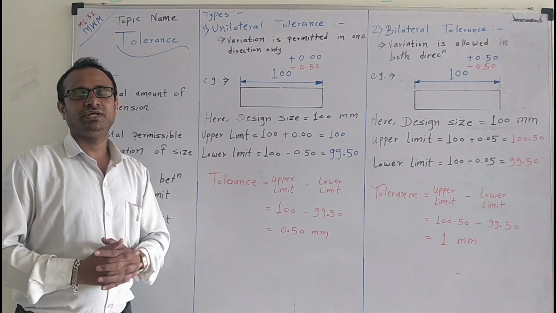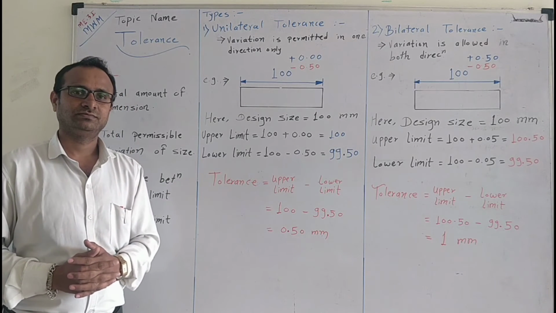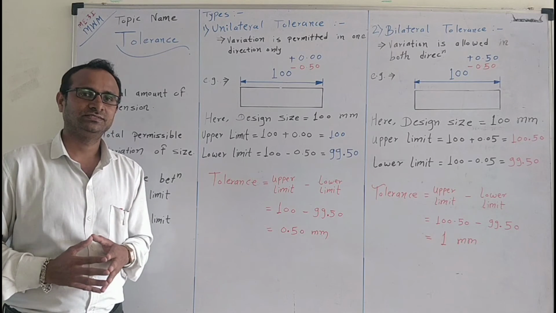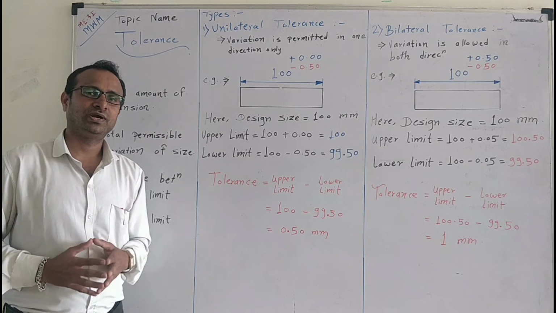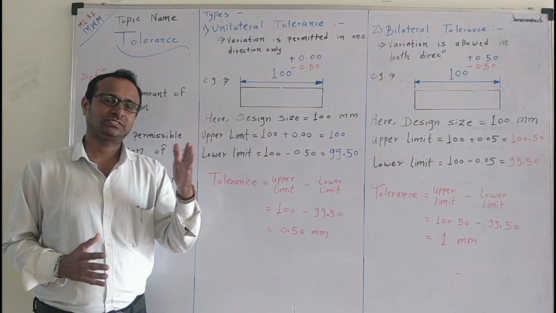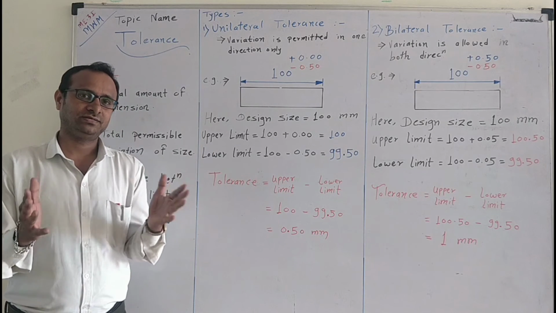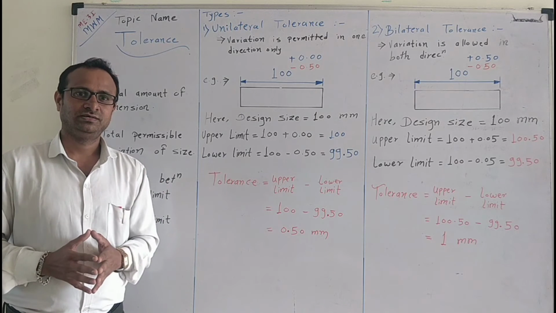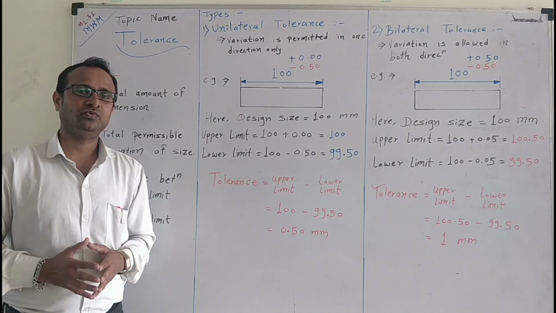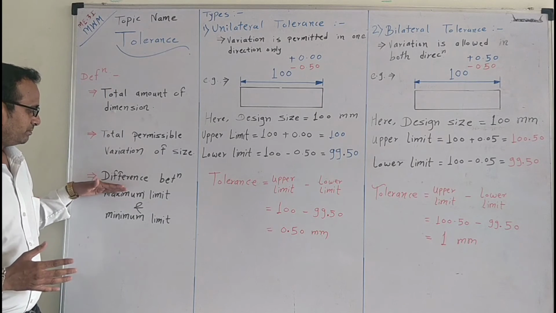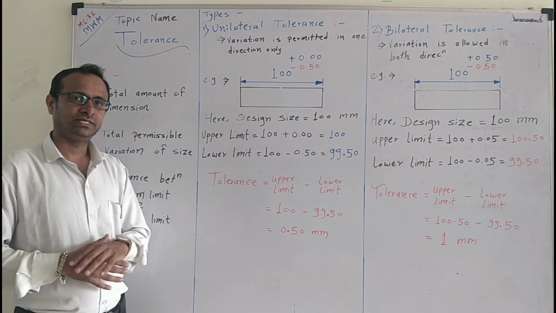For each and every object, a particular size is provided. Within that size, some tolerances are provided, some plus tolerances or minus tolerances. If we add or subtract this tolerance value from the actual value, we will get the maximum and minimum limit.